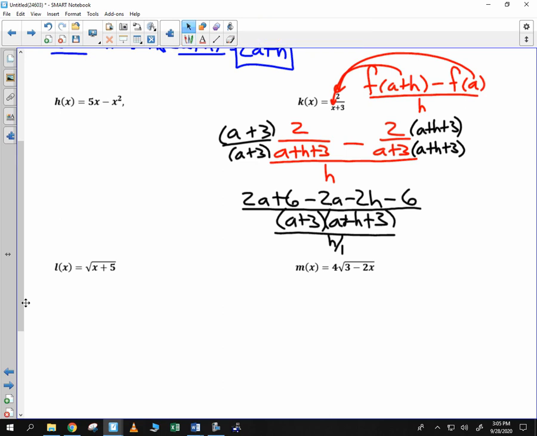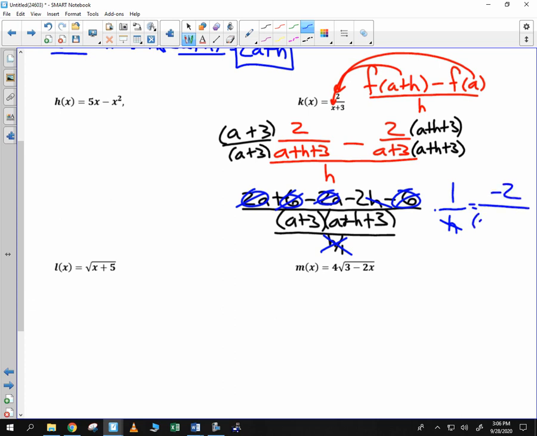Notice what happens. The 2a's go away. The 6's go away. I'm left with the negative 2h. I multiply by the reciprocal. Notice the h's will cancel. That leaves you with negative 2 over a plus 3 times a plus h plus 3. And that is your result.